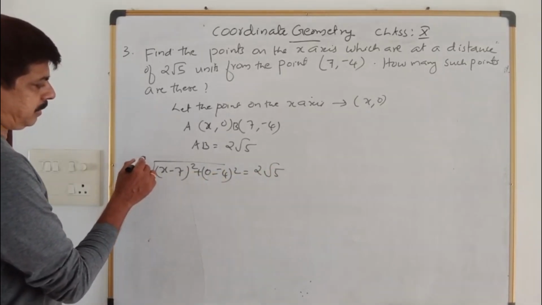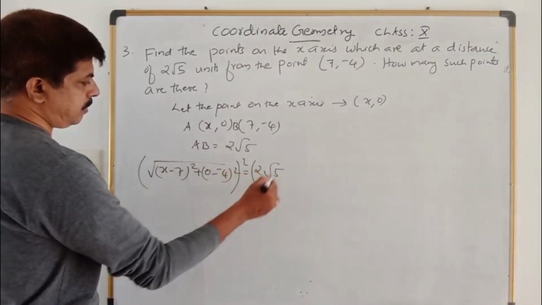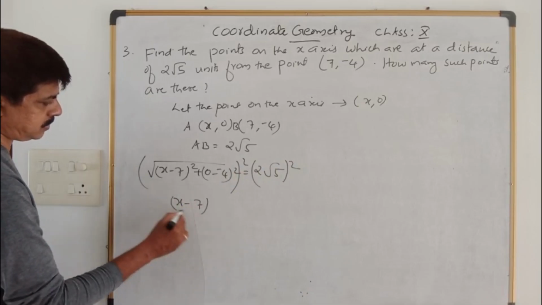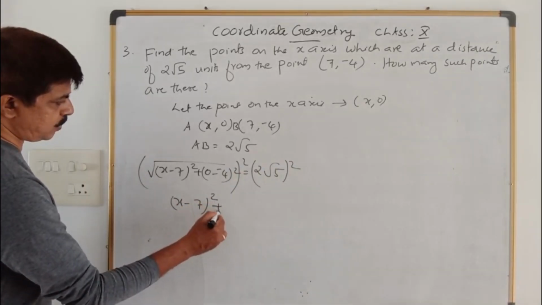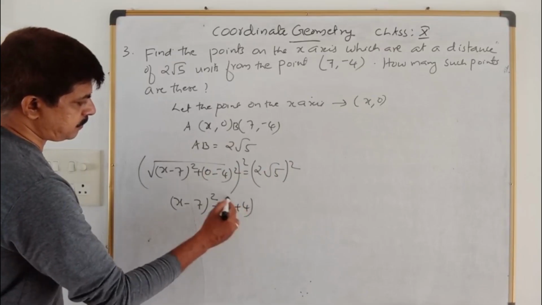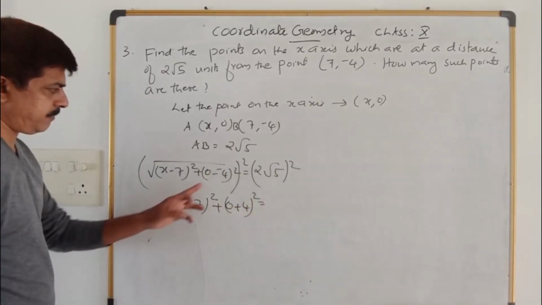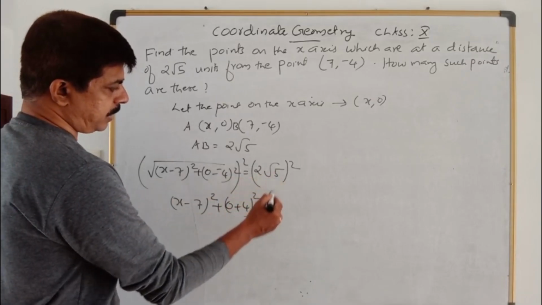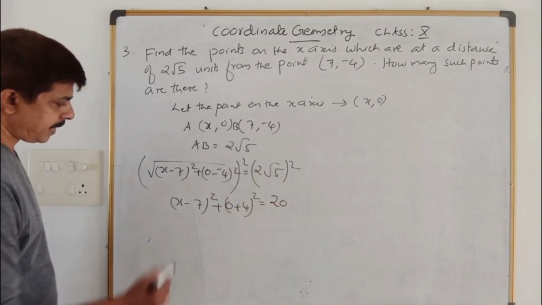We square both sides to eliminate the root. So this becomes (x minus 7) whole square plus (0 minus minus 4) becomes plus 4 square, equal to, when we square the RHS, 2 square is 4, 4 into 5, 20.